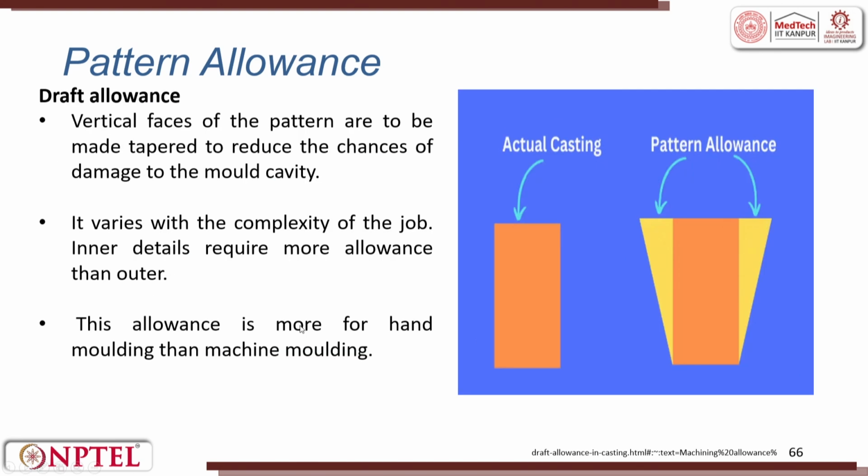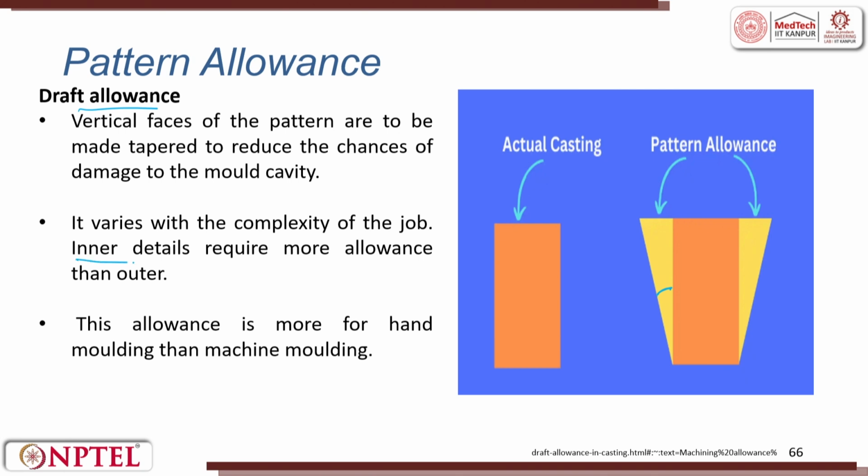The draft allowance which I have told you: this is the actual casting, but I cannot get the actual pattern like this, so I do a taper. That is called draft allowance. This one is called a draft angle. The vertical faces of a pattern are to be made tapered to reduce the chance of damage to the mold cavity. It varies with the complexity of the job.